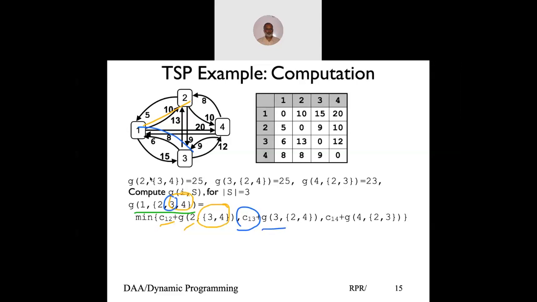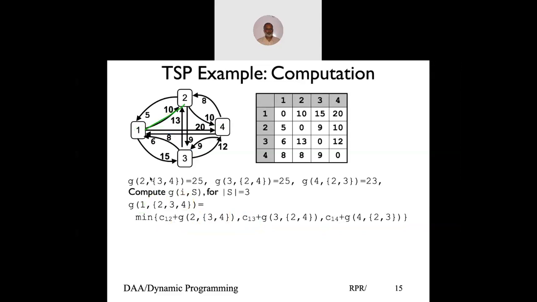So I need to find G3, 2, 4. Or from vertex 1, I can go to 4. So I choose 1, 4. And once I choose 4, I'm left with only 2 and 3. So G4, 2, 3.